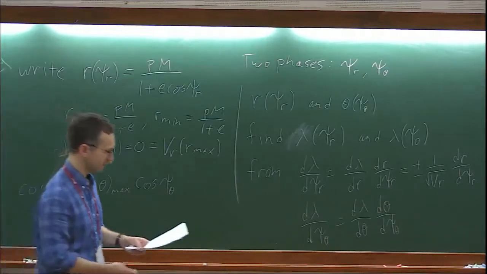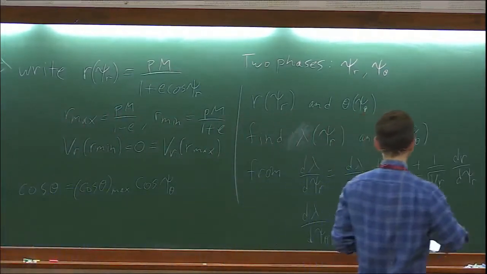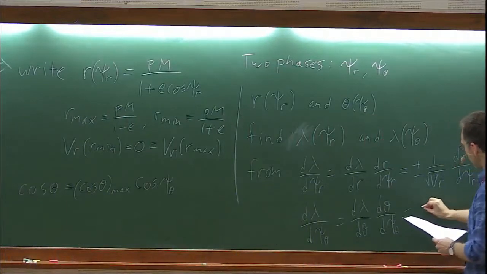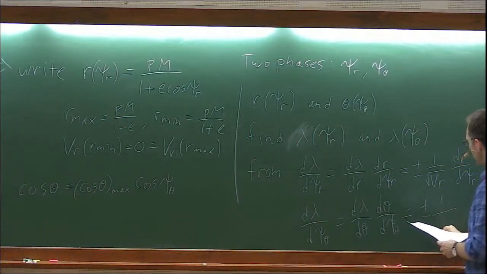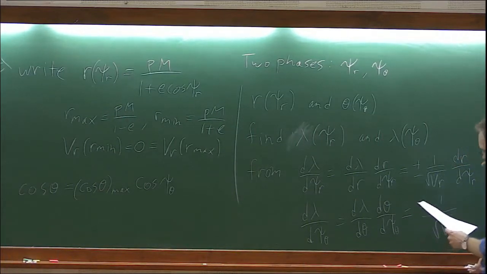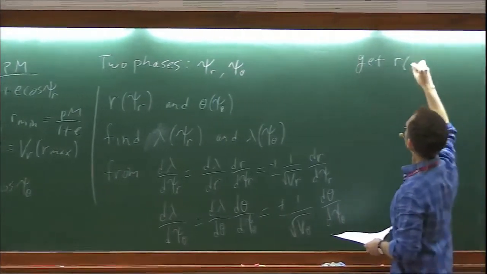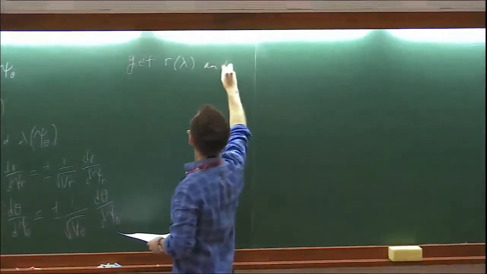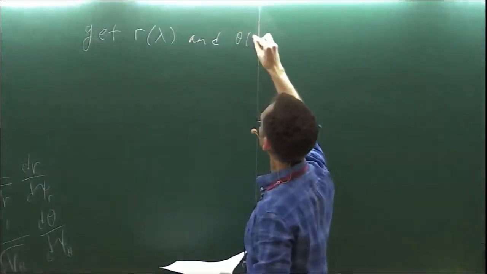So everything ends up in terms of these V's. So we have plus or minus 1 over square root of V theta times d theta d psi theta. So putting all this together, we get r as a function of lambda and theta as a function of lambda.